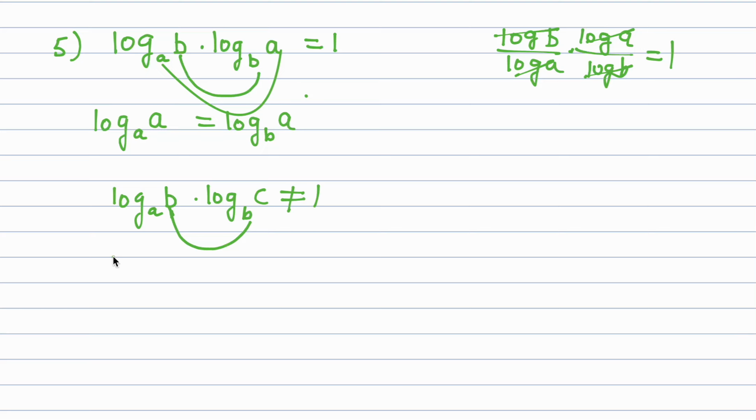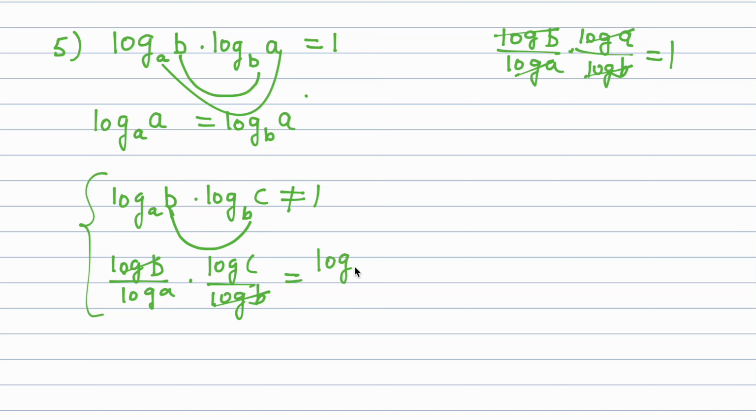Now how that will work? That is equal to log of b upon log of a, just take it as a different thing, times log of c over log of b. So log of b cancelled. So that is equal to log of c over log of a. And if you just do the opposite of the base rule, that is log of a of c.